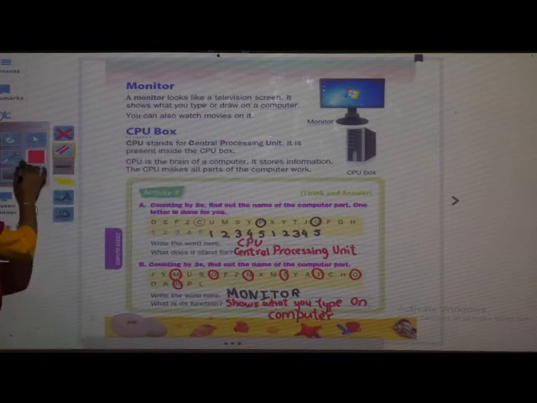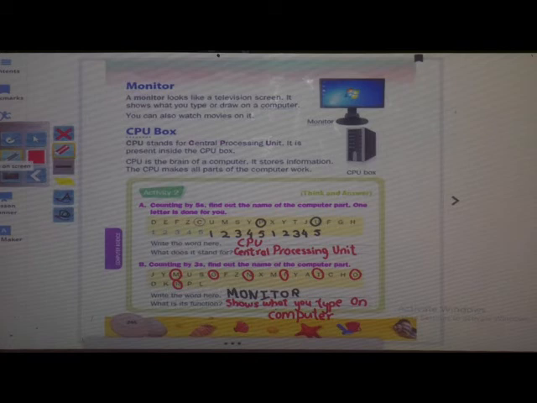If you have given the full stop, just erase it. Shows what you type on computer. Okay, students, done? So, we have seen the parts of the computer: first is the monitor, second is the CPU, and the CPU is the brain of a computer.